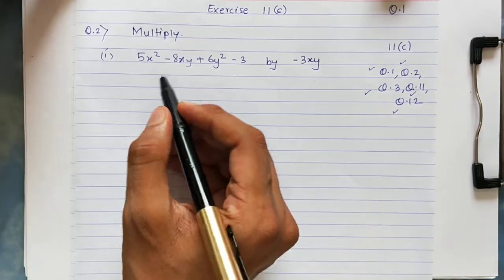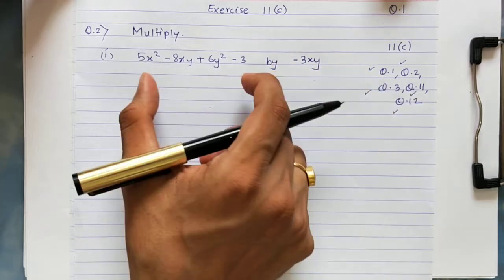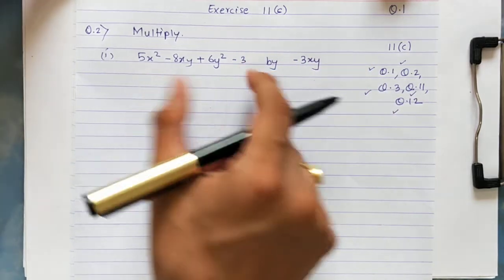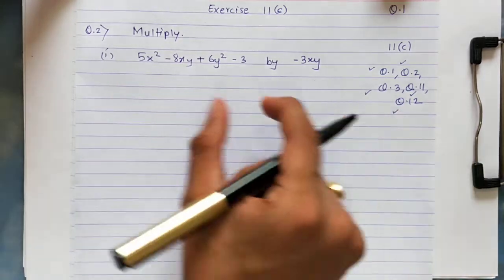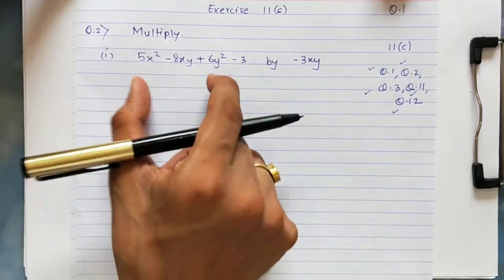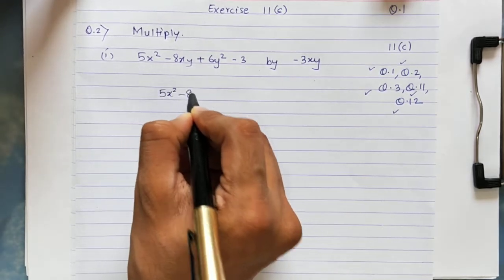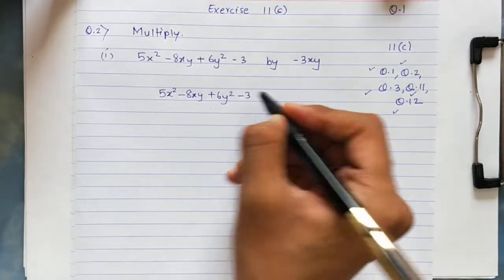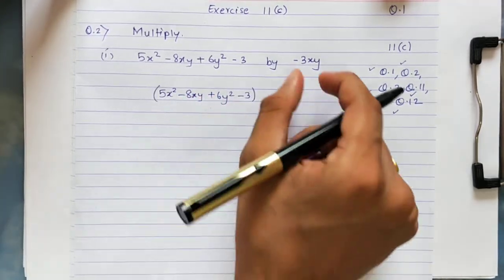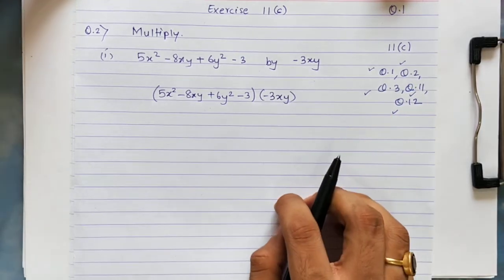So how to multiply? Let's see. I'll write this full term in bracket multiplied by this term, or I can write this term first also. Doesn't matter, because it is multiplication, the order doesn't matter. So I'll write like this. This is getting multiplied with minus 3xy.